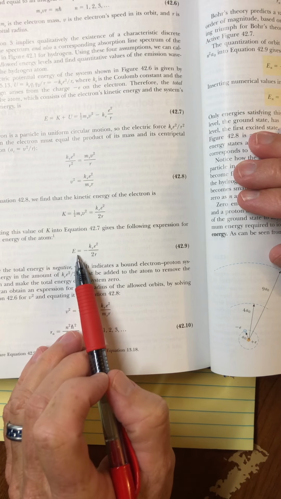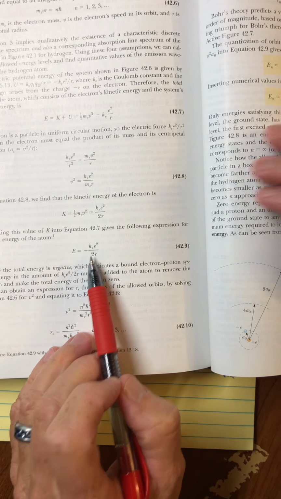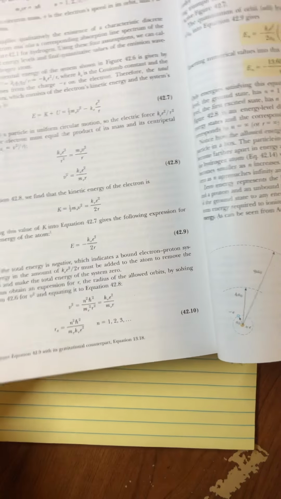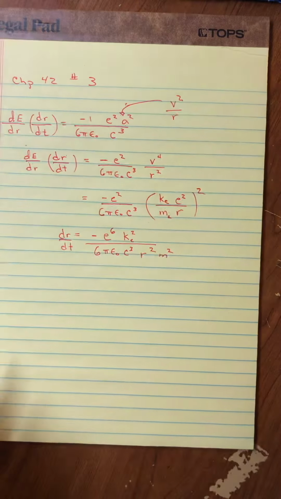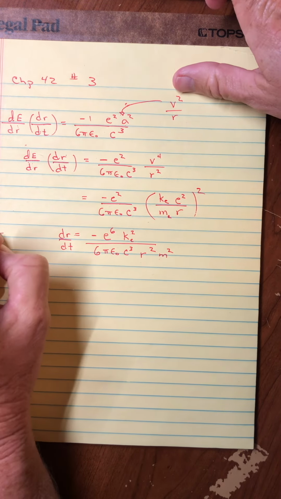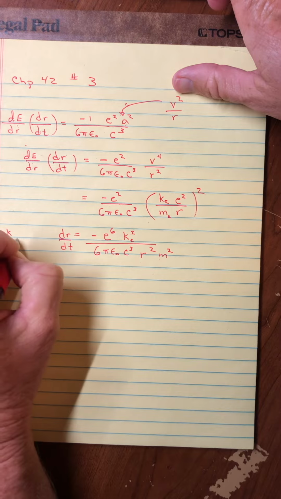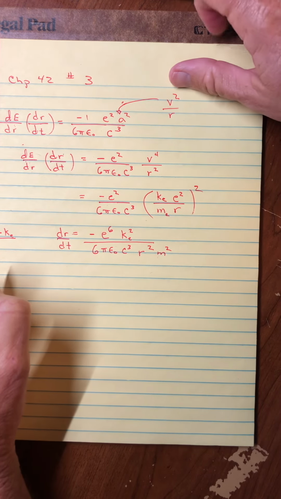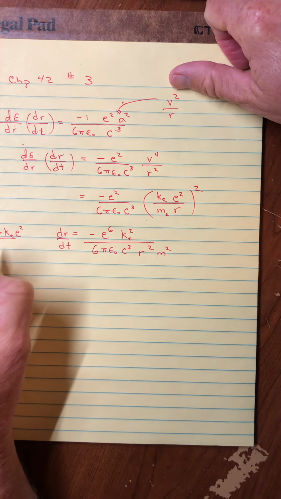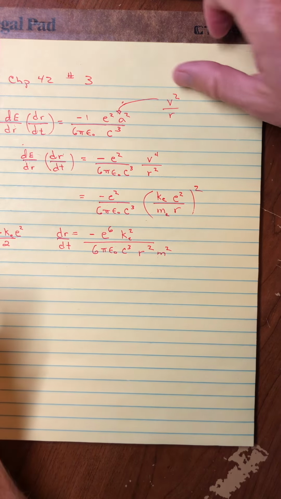So there would be the energy, and I want to take the derivative of that with respect to r. So let me write everything but the r for just a second. So that would be a negative Coulomb's constant, charge of the electron squared over 2.